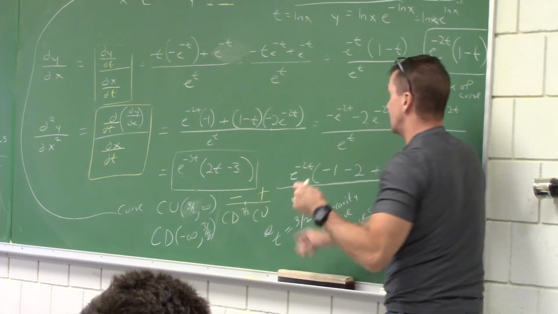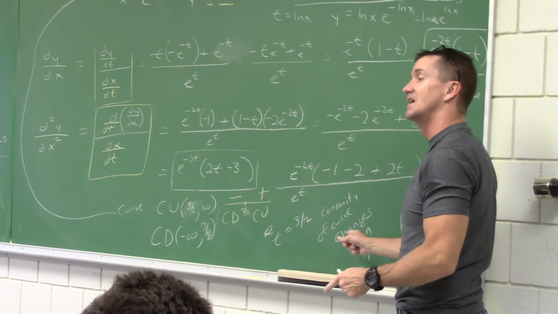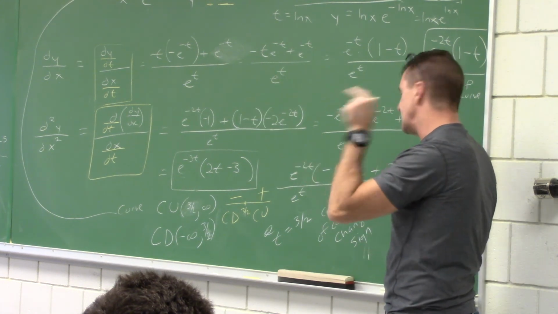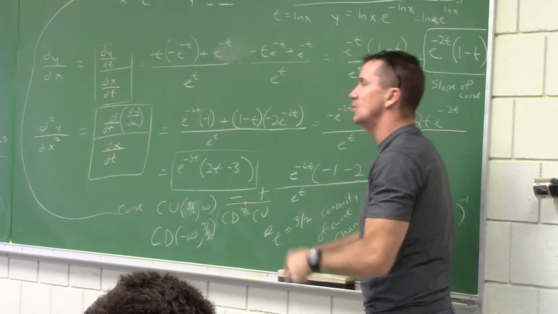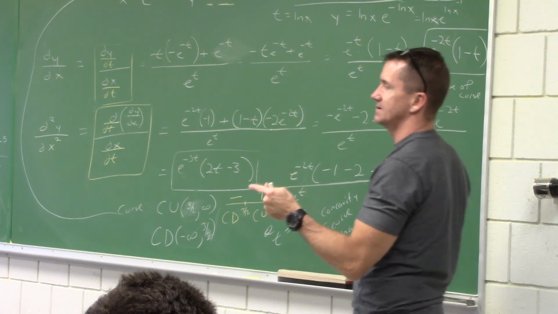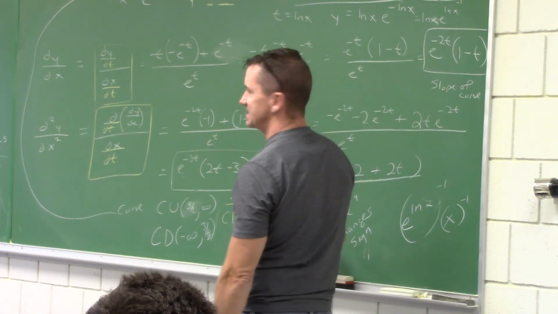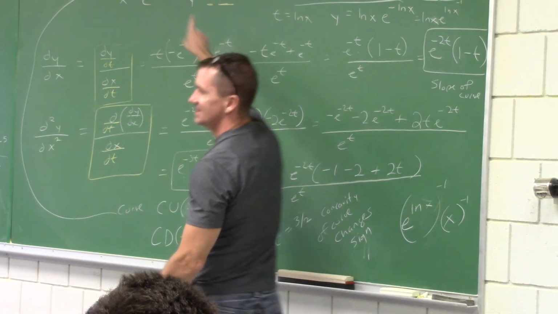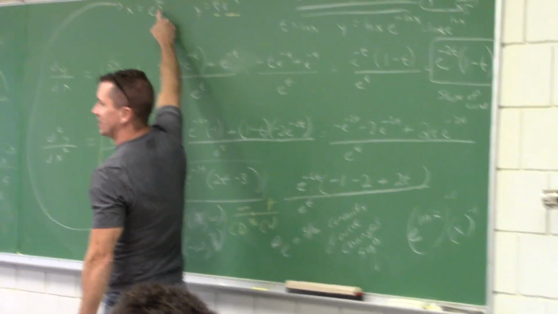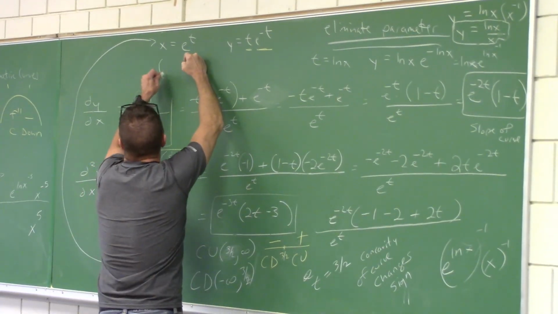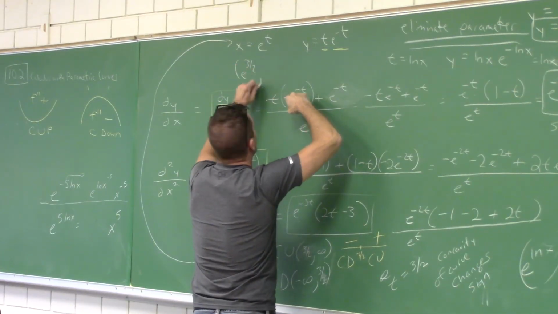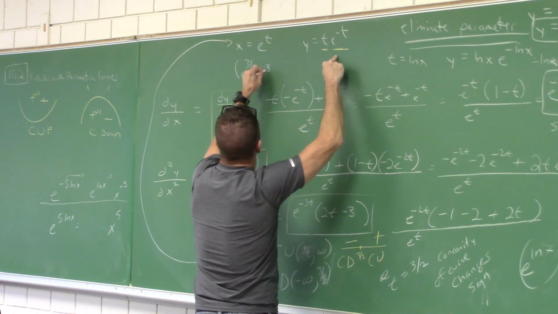Everyone, it goes from concave down to concave up. And by definition, at that value, that's the point of inflection. But to find it in x's and y's, what would you have to do? Plug it in here. But hey, what's the point? E to the 3 halves, comma, 3 halves.